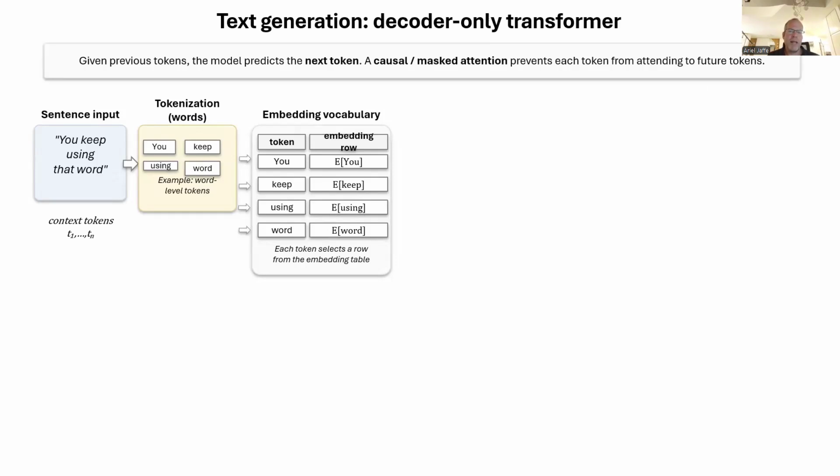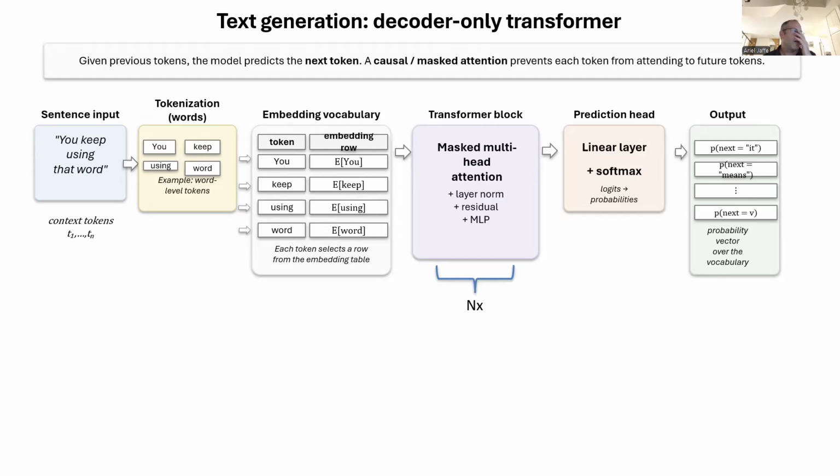And we have an embedding vocabulary, so each token is computed a certain vector embedding. This vocabulary is a trainable part of the network in modern architectures. Here, for example, for words, each one of these tokens has a different embedding.